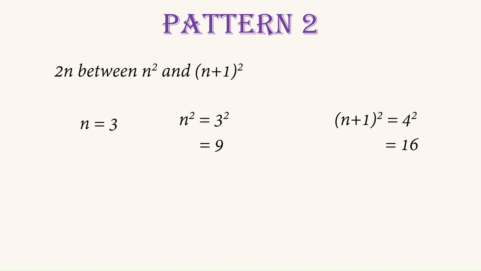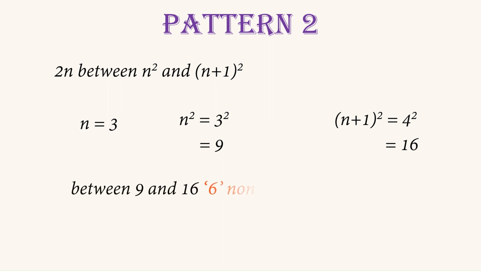Now, when we count the numbers between these two, that is 9 and 16, we'll just try to count how many numbers are there. And all those numbers are non-perfect square numbers. So between these two numbers, we have 10, 11, 12, 13, 14, and 15. So they are 6 in count.